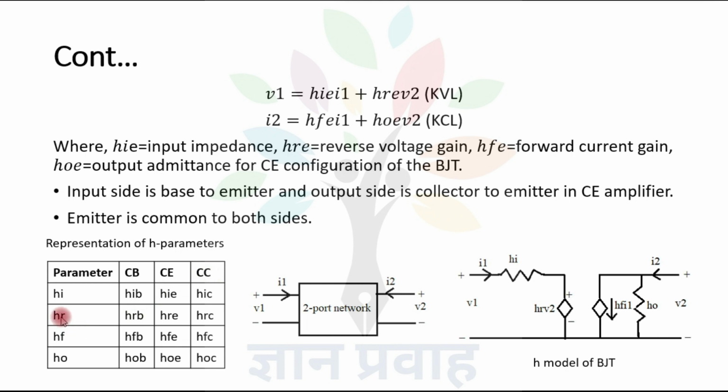HR is represented as HRB for common base, HRE for common emitter, HRC for common collector. HF is HFB for common base, HFE for common emitter, HFC for common collector. HO is HOB for common base, HOE for common emitter and HOC for common collector. That is the unique identification for different configurations for modeling the transistor using hybrid parameters.